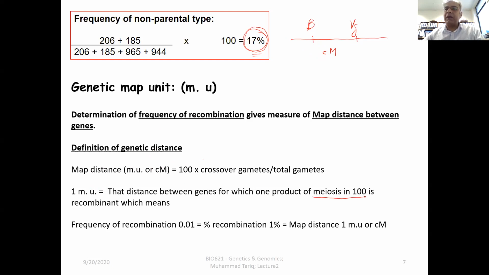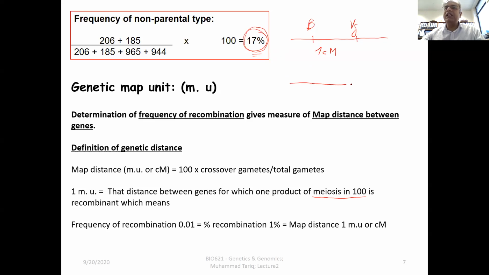So if there are 100 meiotic events and we see 1% recombination, it means the physical distance between black and vestigial is 1 centimorgan.